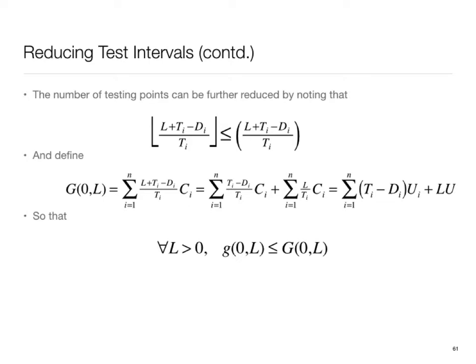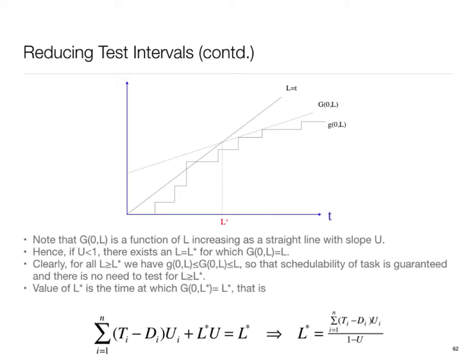So the situation we have is the following. I have a line which is my upper bound on the demand function. I have the actual demand function, which is the stepwise thing. And as we pointed out, I only need to check them at these transition points, which correspond to the absolute deadlines.